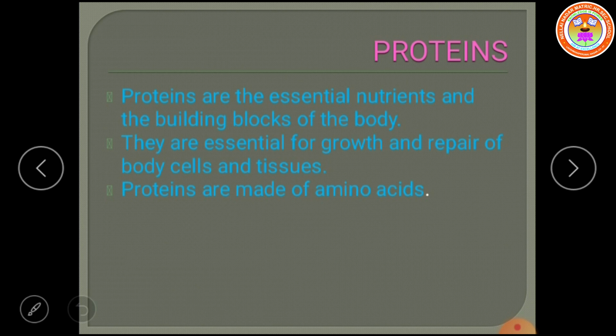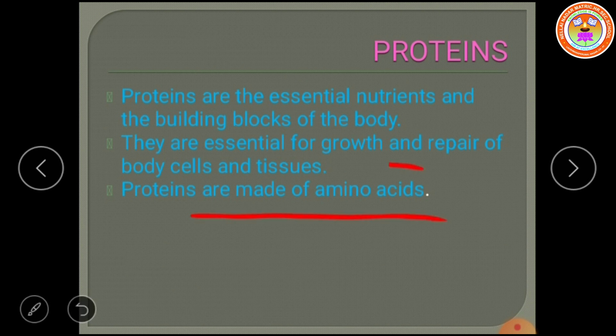Proteins are the essential nutrients commonly called the building blocks of the body, because proteins are responsible for the growth and repair of body cells and tissues. In our body, repairing cells and tissues requires proteins. Proteins are generally composed of amino acids.